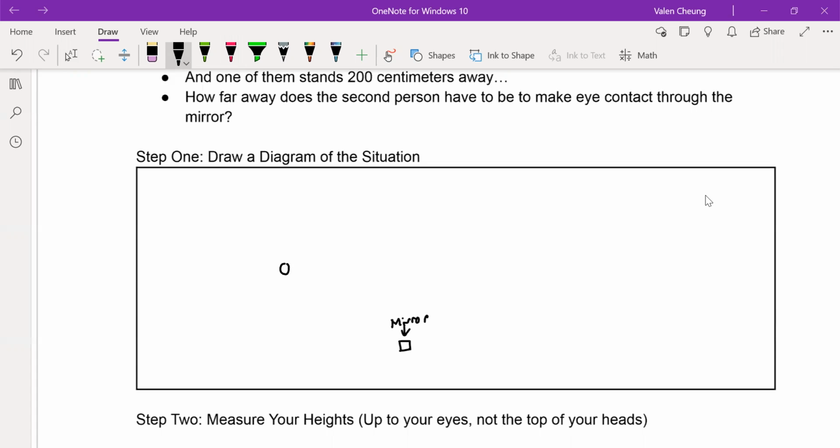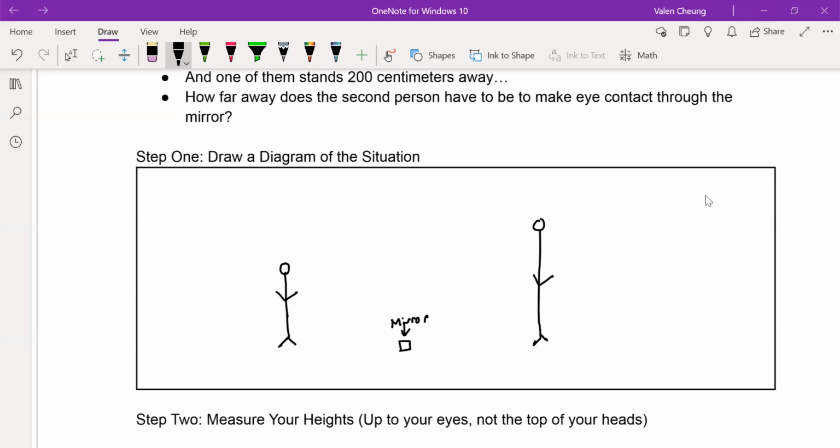So let's say the person is over here. Let me make him a little taller. So his feet are on the ground. And the second person is, let's say the second person's taller, and they're going to stand on the other side. So in our picture, on the right side.